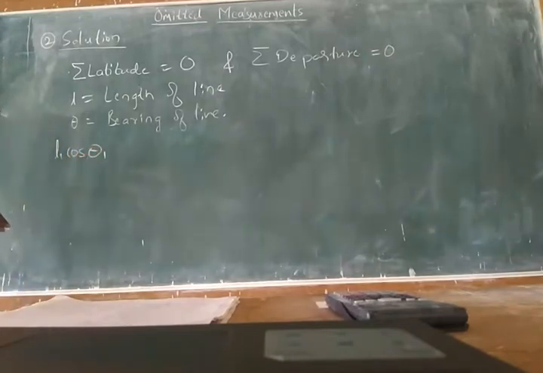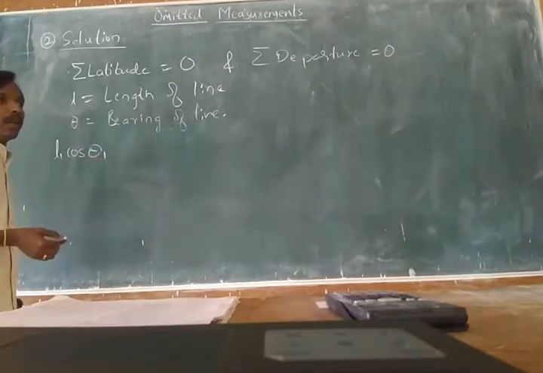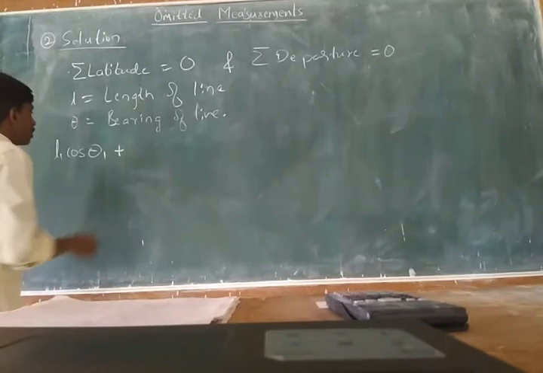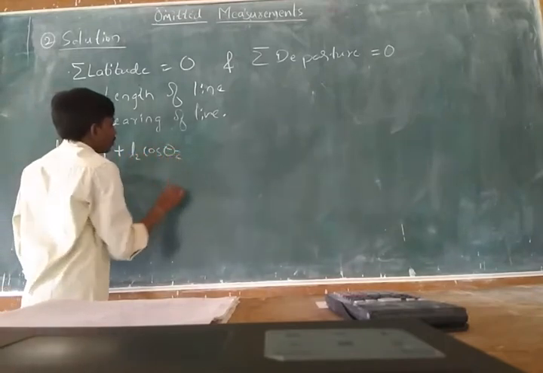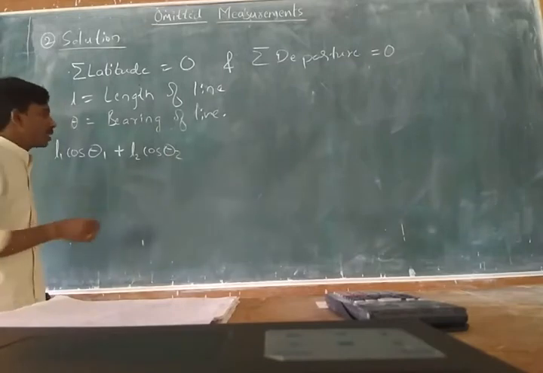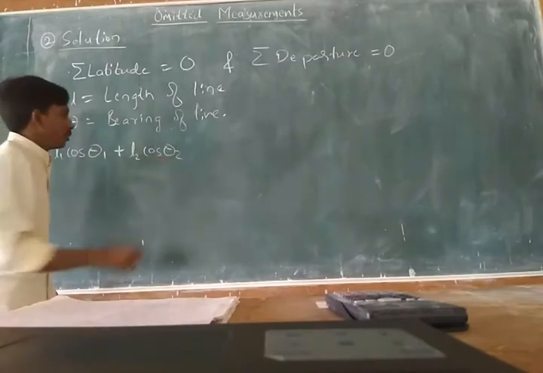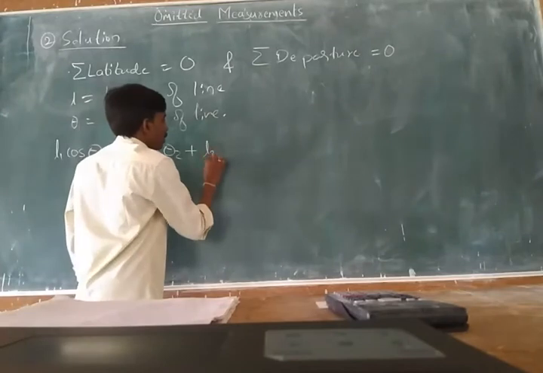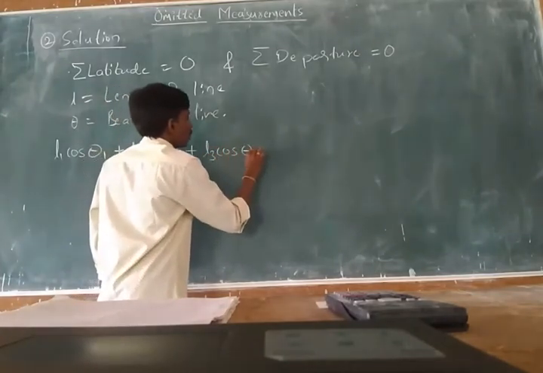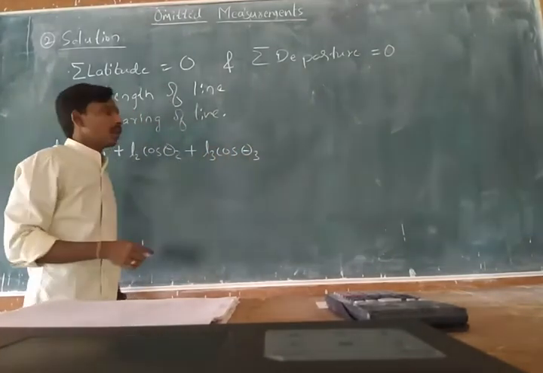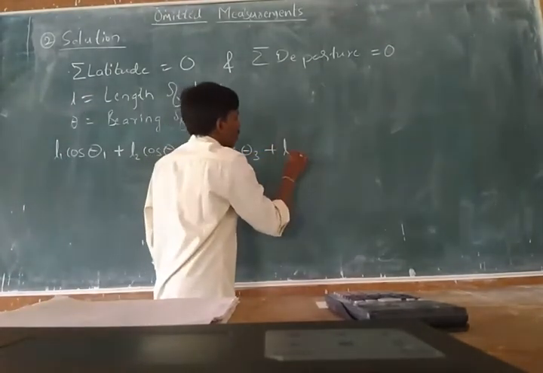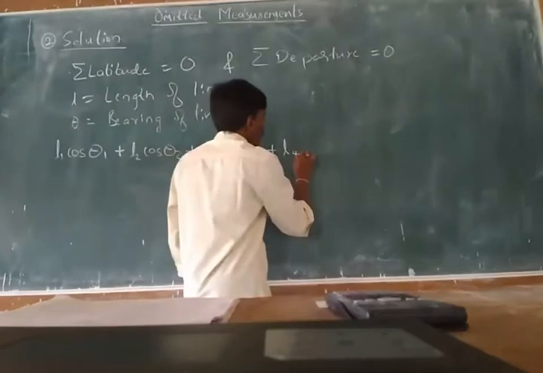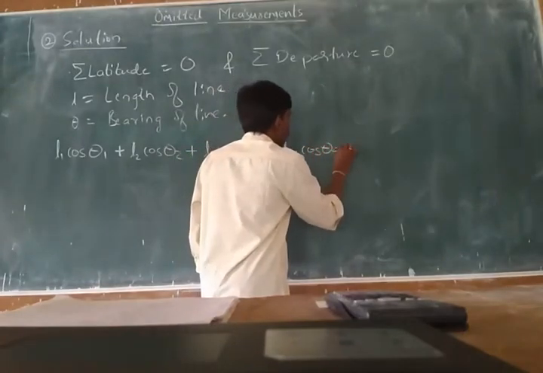Here L1 is nothing but length of AB, theta 1 is bearing of AB, plus L2 cos theta 2, which means length of BC, bearing of BC, plus L3 cos theta 3, that is length of CD, bearing of CD, plus L4 cos theta 4.